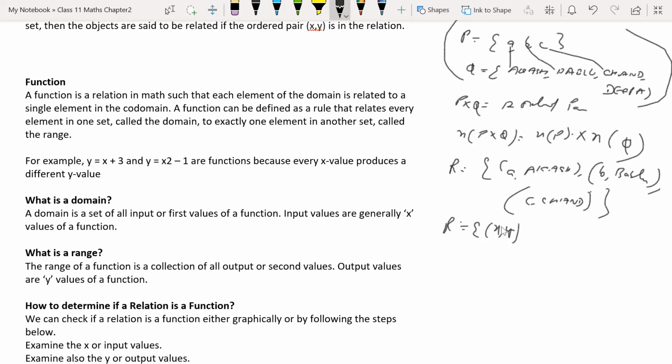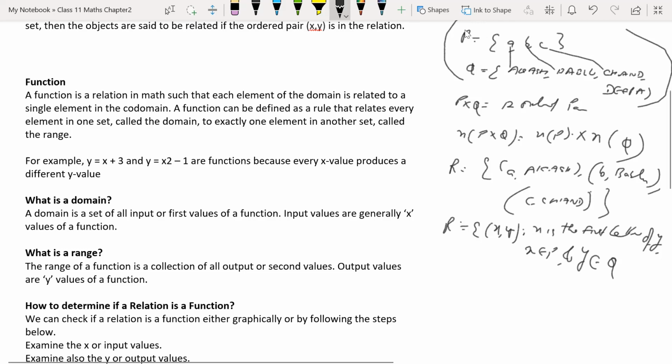It means a relation is such that (x, y), where x is the first letter of y, with x belonging to P and y belonging to Q. This becomes the relation. So a relation from a non-empty set A to a non-empty set B is a subset of the Cartesian product.